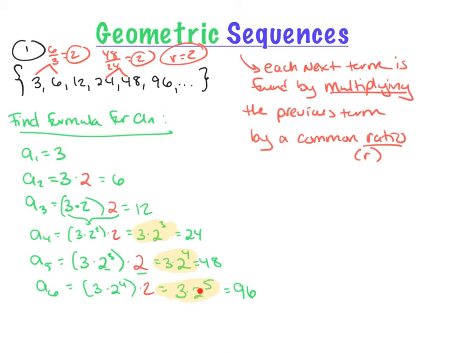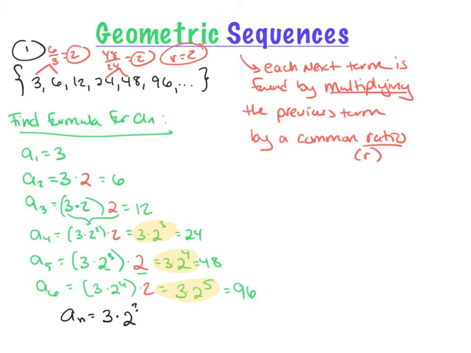And we multiplied by a bunch of 2's. And 2, for this example, was our common ratio. So for the nth term, we're going to start with our first term, 3, and multiply by a bunch of 2's.